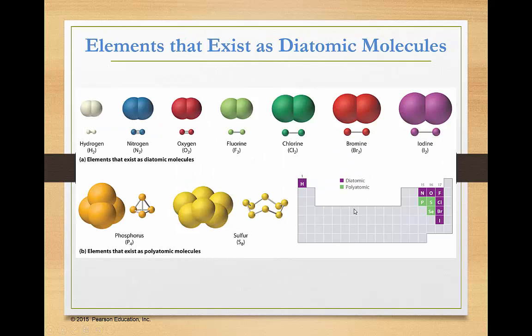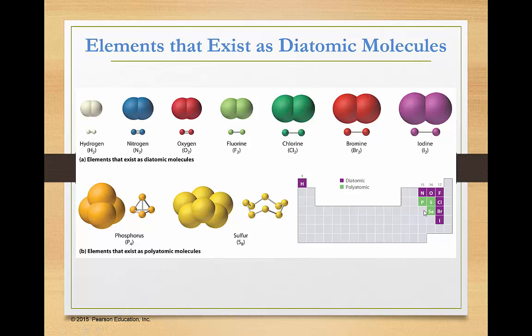You're going to need to know these. You're going to need to remember the elements that exist as diatomic molecules, because when you start with them in their elemental form in reactions, you will have to represent them as their diatomic molecules. All right, so hydrogen, nitrogen, oxygen, fluorine, chlorine, bromine, and iodine.